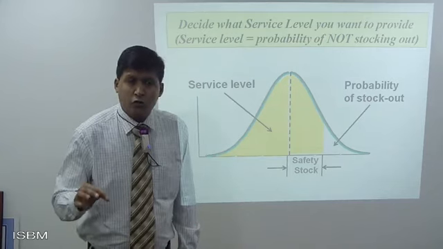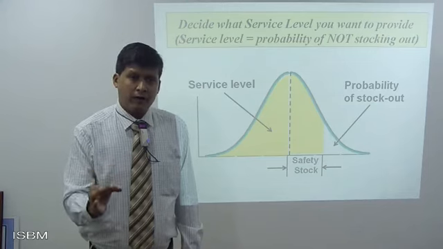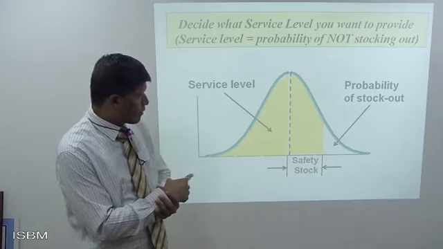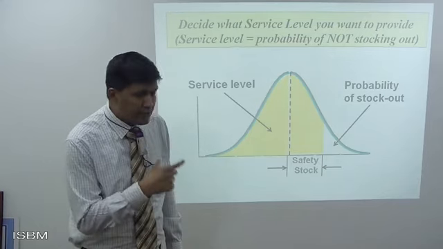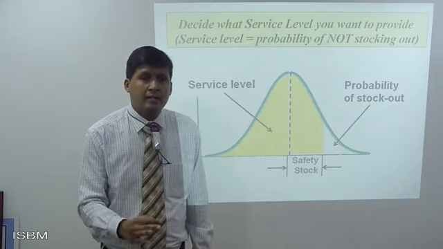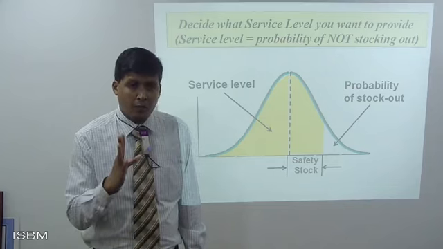So the stock should not be zero. If you want to give 100% service, we need to figure out how much safety stock you are going to keep so that your product is optimized and you are not stocking out.